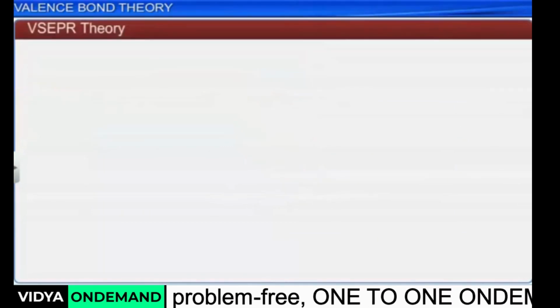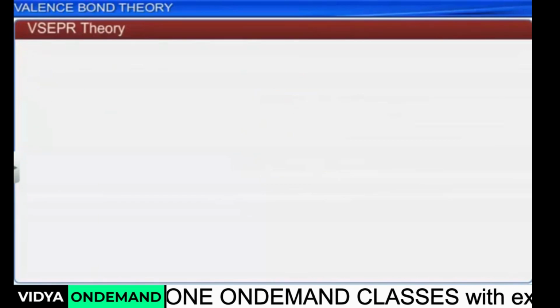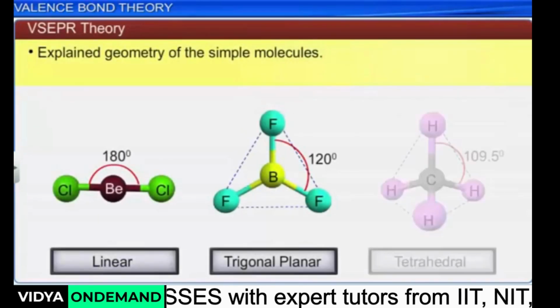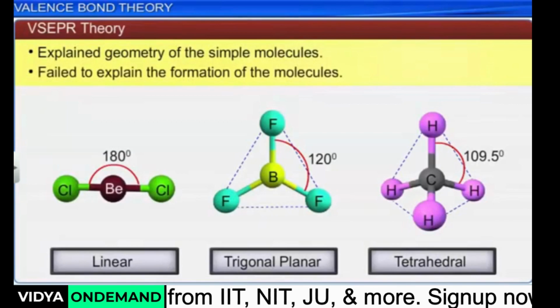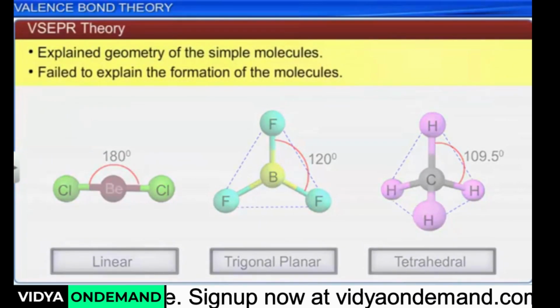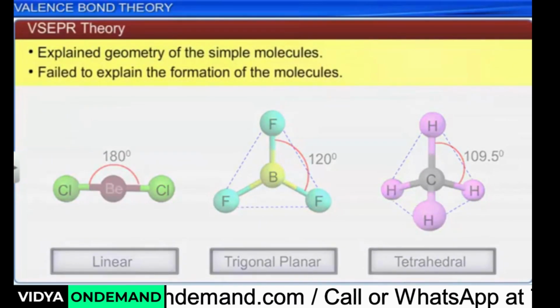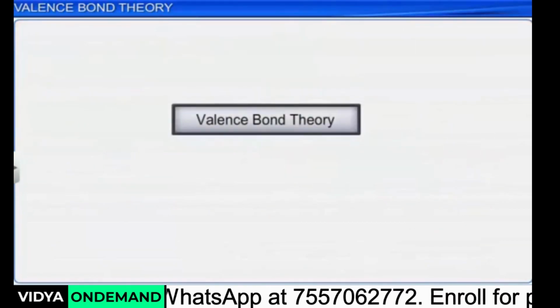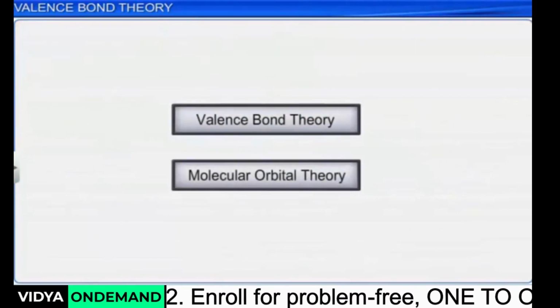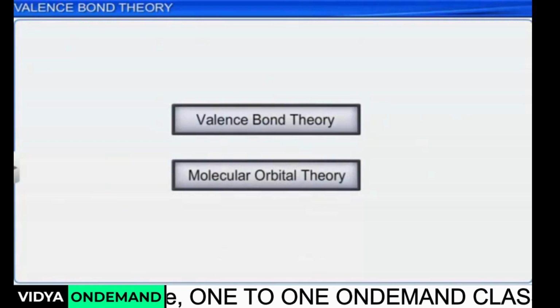The VSEPR theory, on the other hand, gives the geometry of the simple molecules but fails to explain their formation. To overcome these limitations, the valence bond theory and the molecular orbital theory, which are based on quantum mechanics, were introduced.